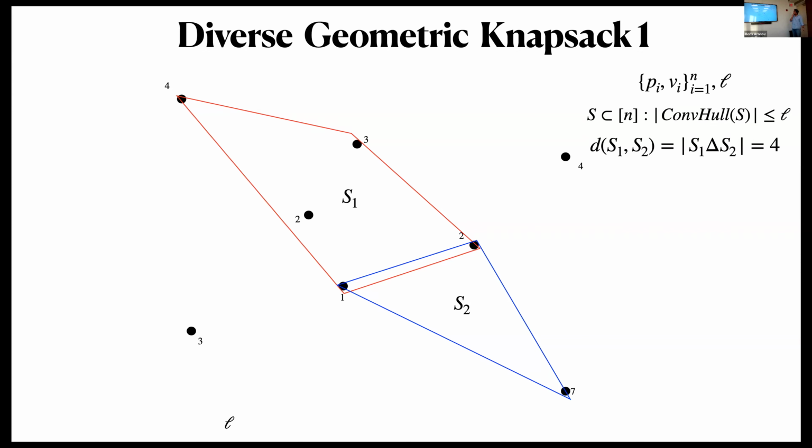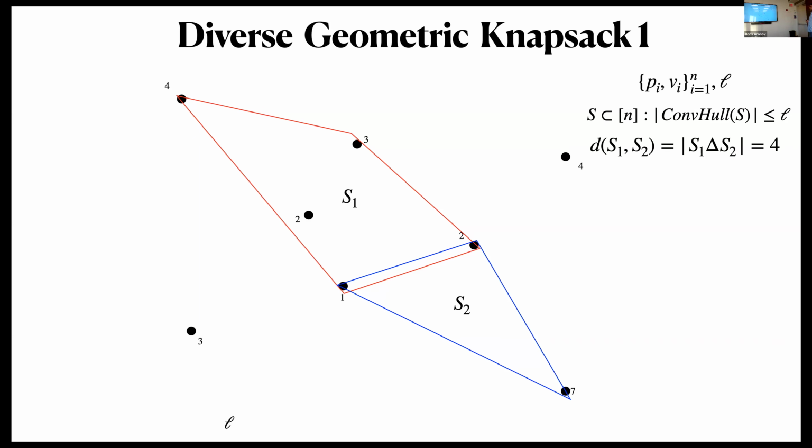And now the diverse geometric knapsack problem is, as you would expect, I give you this input. I tell you how many polygons I want. Find me k polygons that enclose as different looking subsets of the original point set as possible, and all of them are optimal, all of them give close to the maximum value. So our methods work for this.